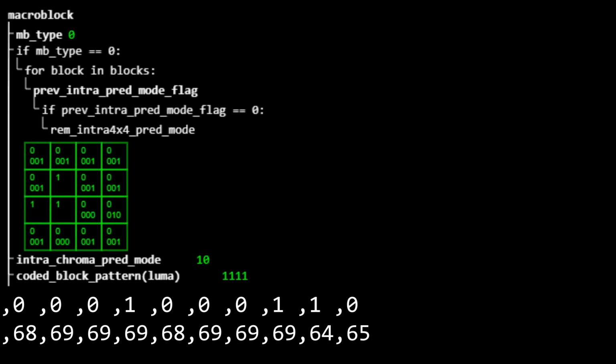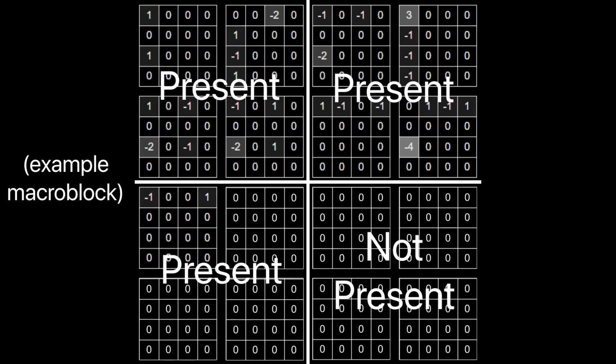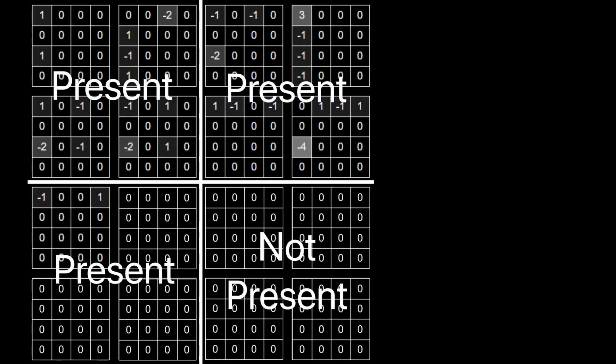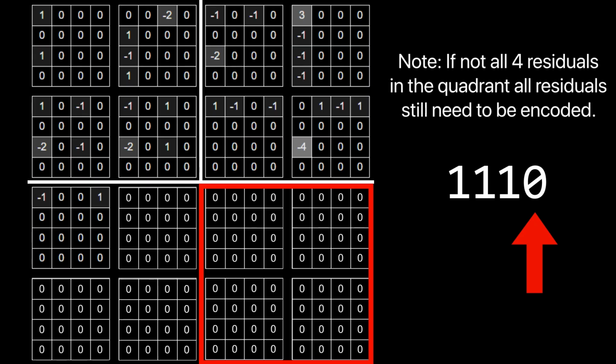Next, we write a coded block pattern, or CBP, indicating where residual blocks are present. CBP Luma has 4 bits, each corresponding to an 8x8 block, which contains 4 4x4 sub-blocks. If a bit is 0, all 4 4x4 blocks in that 8x8 region are assumed 0, and we skip coding the residuals.